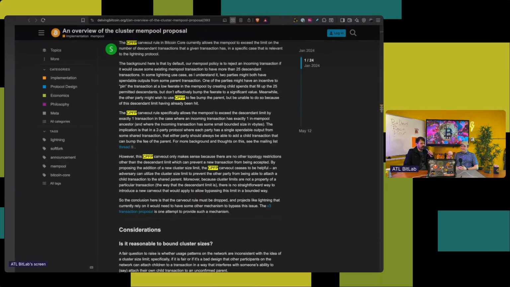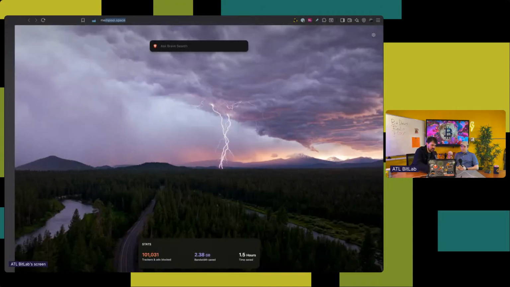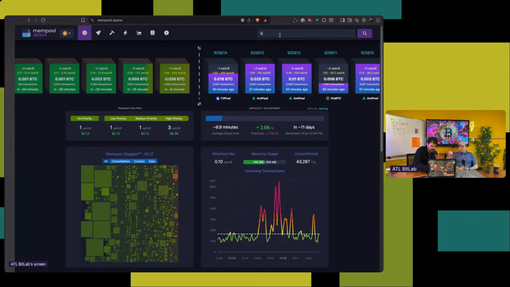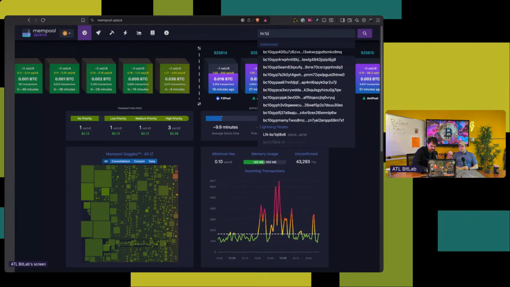So where should we start? We have this idea, pay to anchor. It's kind of weird because it's basically this transaction that anyone can spend. If we go to mempool.space, I want to see if I can pull one of these up. I think it's bc1pfees is the address.